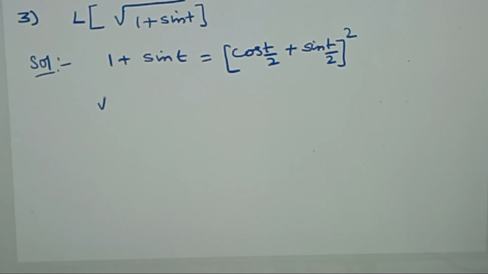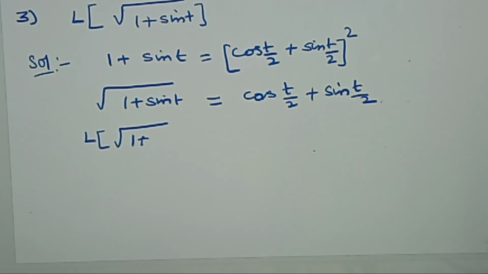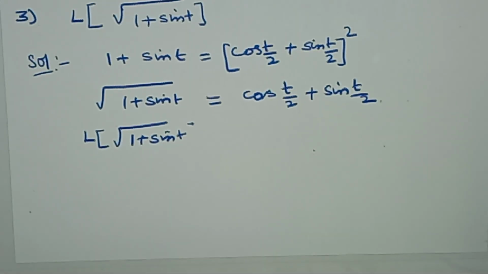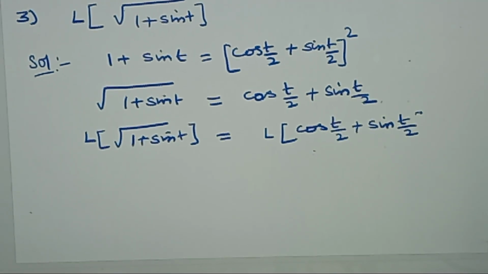Now what will be the value of under root of 1 plus sin t? Under root of 1 plus sin t will be equal to what? It is nothing but cos t/2 plus sin t/2. Now taking Laplace on both the sides, Laplace transform of under root of 1 plus sin t is equal to Laplace transform of cos t/2 plus sin t/2.